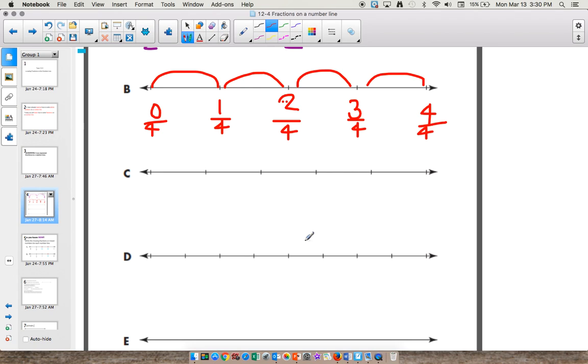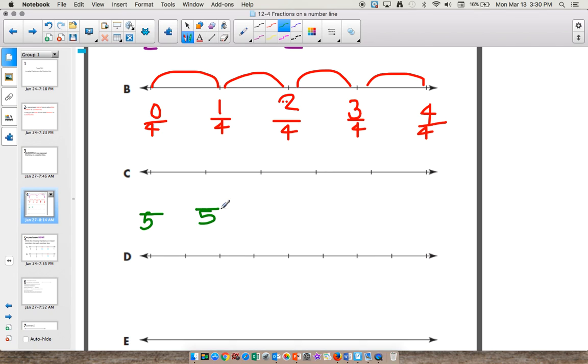Okay, so I'm going to look at C now, and I'm not even going to take the time to count the tick marks because that is a waste of my time. I am going to count the sections. So I have 1, 2, 3, 4, 5 sections, which means this number line is divided into fifths.